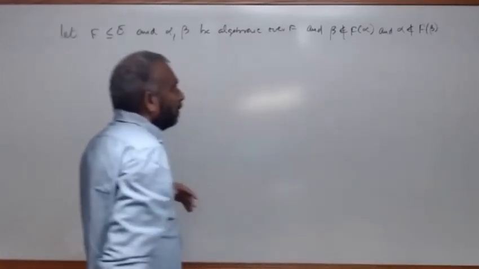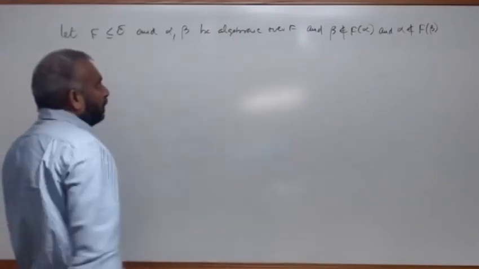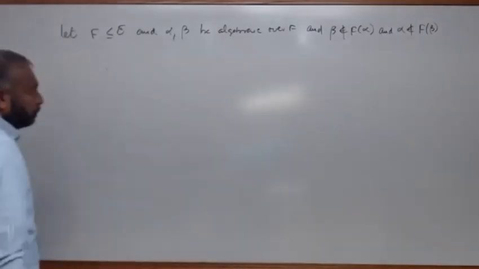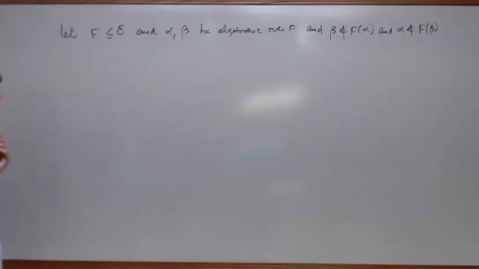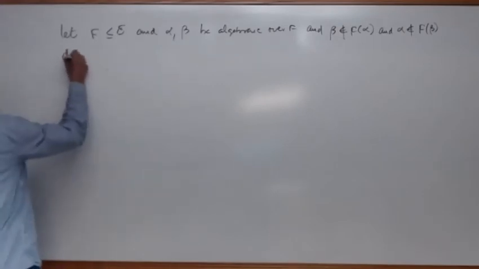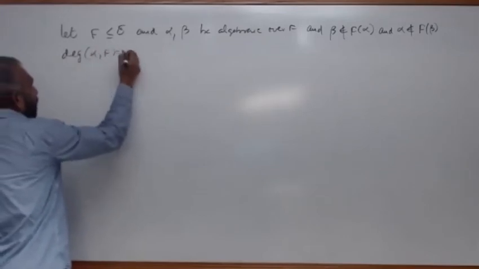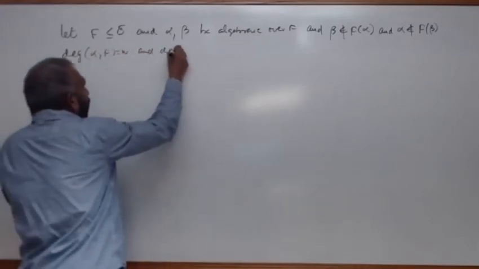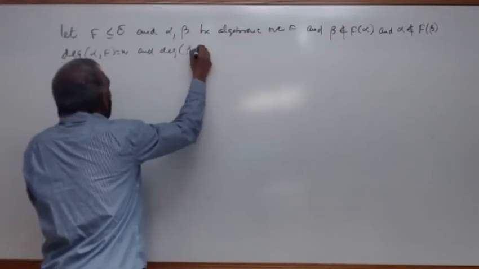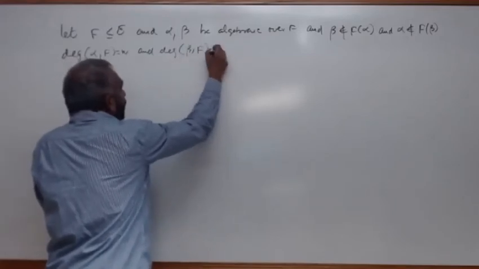Both are outside each other. And we are going to assume that the degree of alpha over F is equal to n and the degree of beta over F is equal to m.